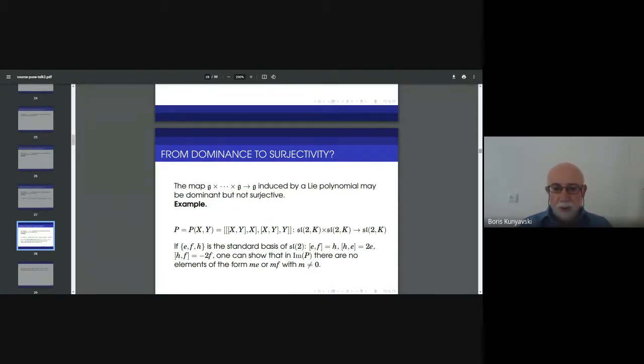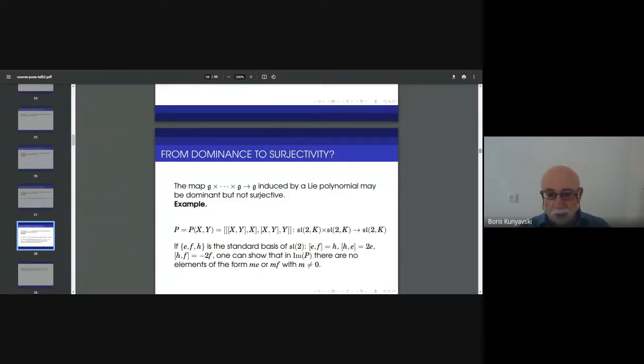I'm not an expert in quantum mechanics; they always use this notation. Well, for us, H is a semisimple element, and E and F are upper and lower triangular matrices.